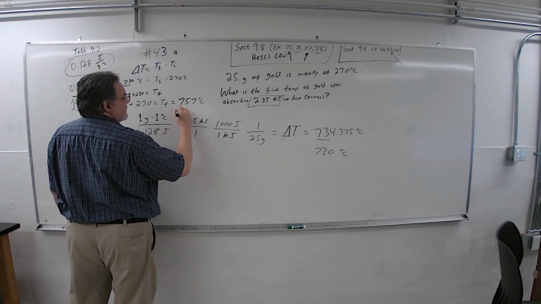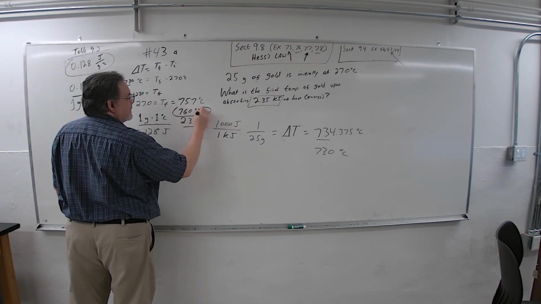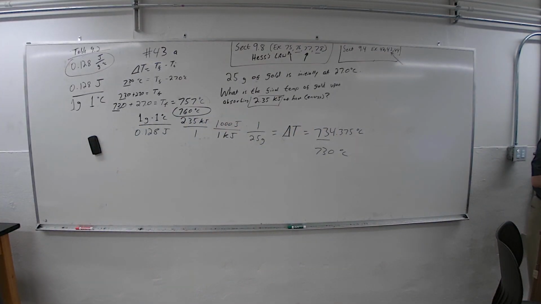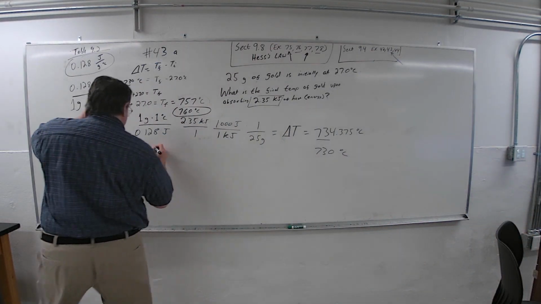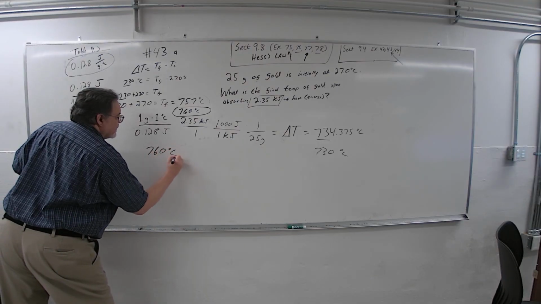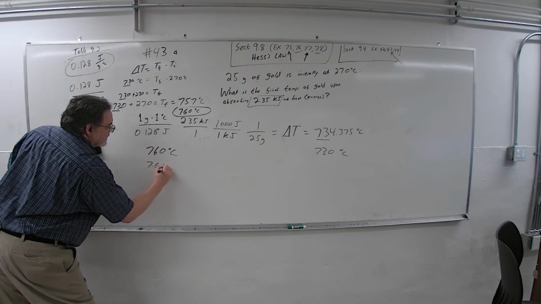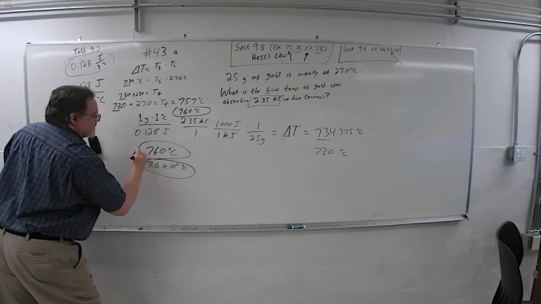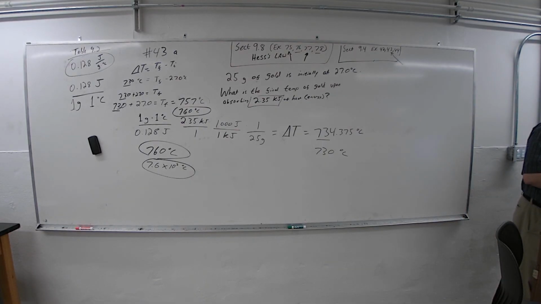So this rounded to two significant figures is 760 degrees C, or 7.6 times 10 to the 2 degrees C, which is what they have for the answer. They have the standard scientific notation for the answer. Oh, we did that correctly.